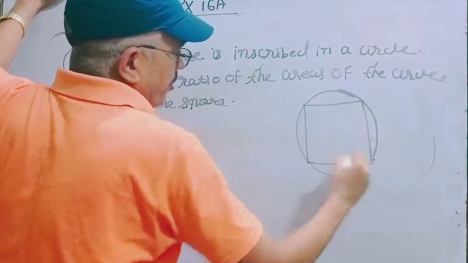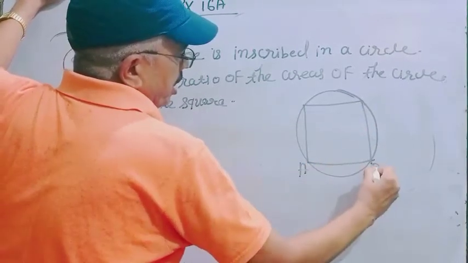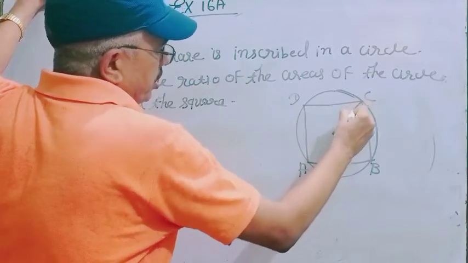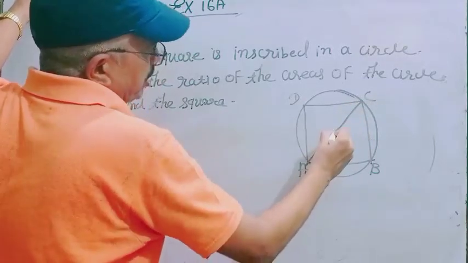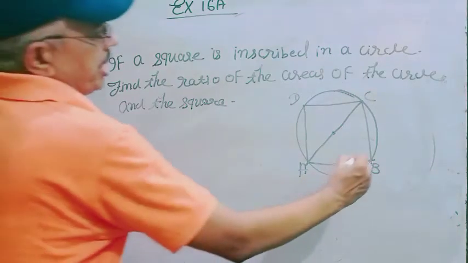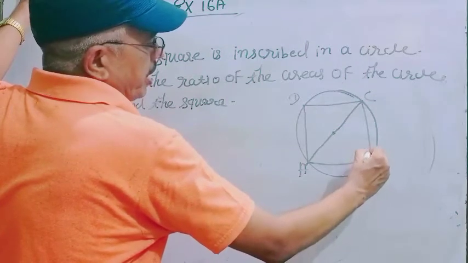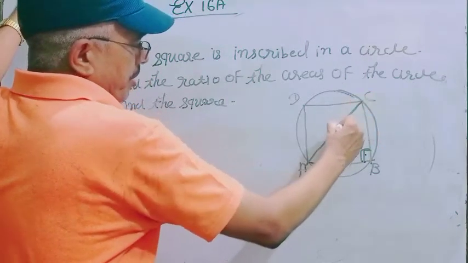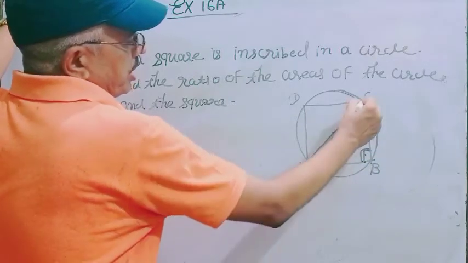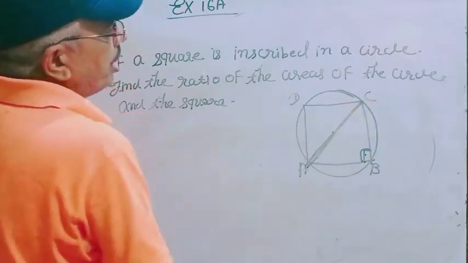When you draw the diameter, this diameter is the diagonal of the square. It is clear because it is a square, so it is 90 degrees. Then it is clear the diameter of the circle is the hypotenuse of this triangle, so it is the diagonal of the square.